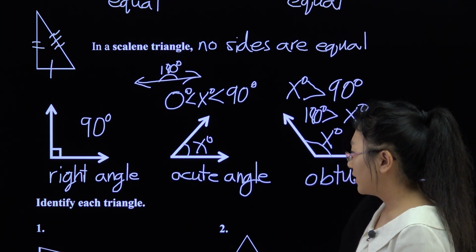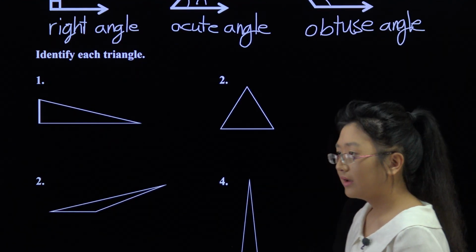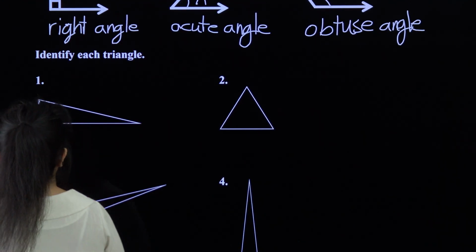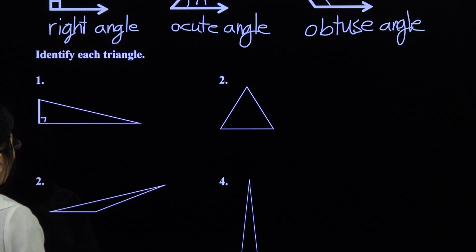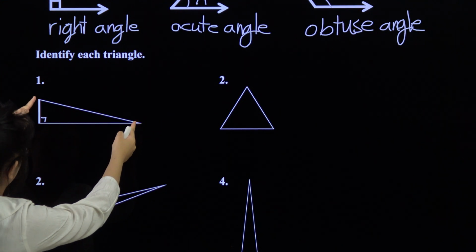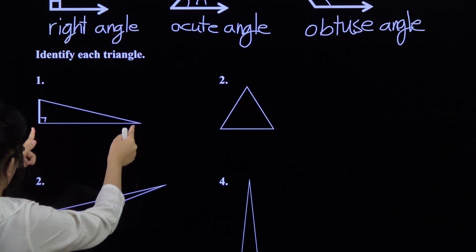Okay? Some practice problems. Identify each triangle. So here, we have what seems to be a right angle. And are these sides the same length? Nope.